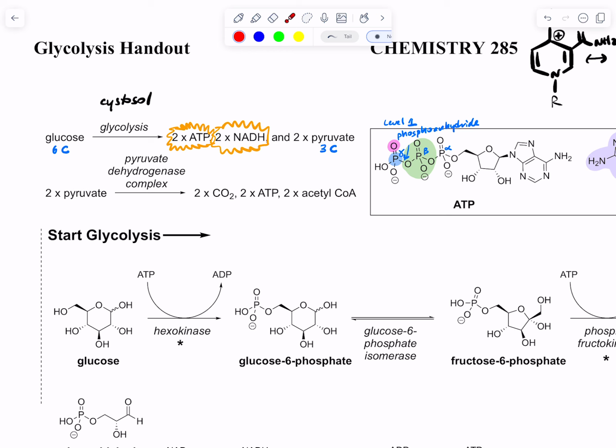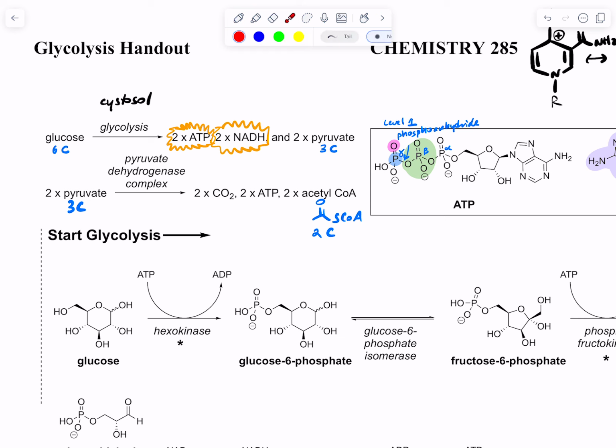Both of them have to pass through something called the pyruvate dehydrogenase complex that removes one carbon from each pyruvate. There used to be 3 carbons in pyruvate. One from each of them gets removed as CO2 with 1 carbon, and then the remaining molecule is the thioester acetyl-CoA, which only has 2 carbons.